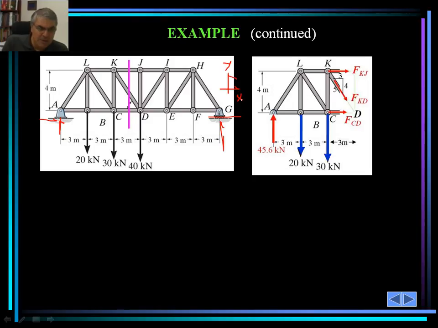In the y direction, the summation of forces would be 40 plus 30 plus 20, that's 90. And so that's one equation. And then we take a moment about one of the supports and calculate all the moments that are caused by the external forces, and that calculates the reaction.